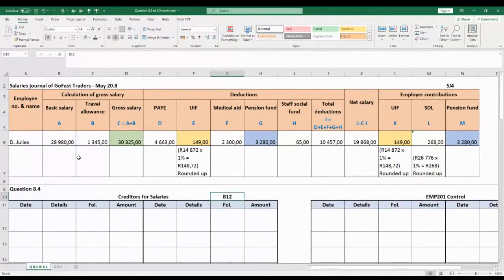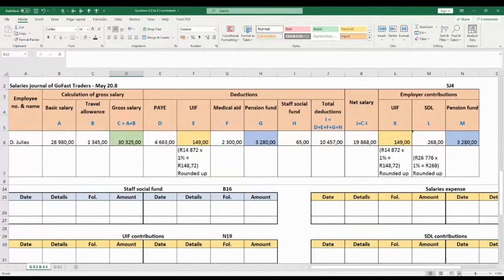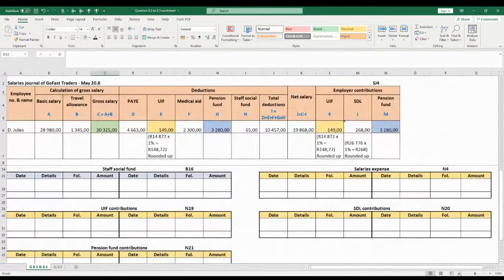Okay, now if we go through the salary journal, we said the gross salary, this amount, we will take to what account? We will take it to our normal salary expenses account. So let's just scroll down to salary expenses. Okay, let me just make it a little smaller so you can see it. Okay, so we said this gross amount will go to our salary expenses. Now, expenses are generally debited when we increase them.